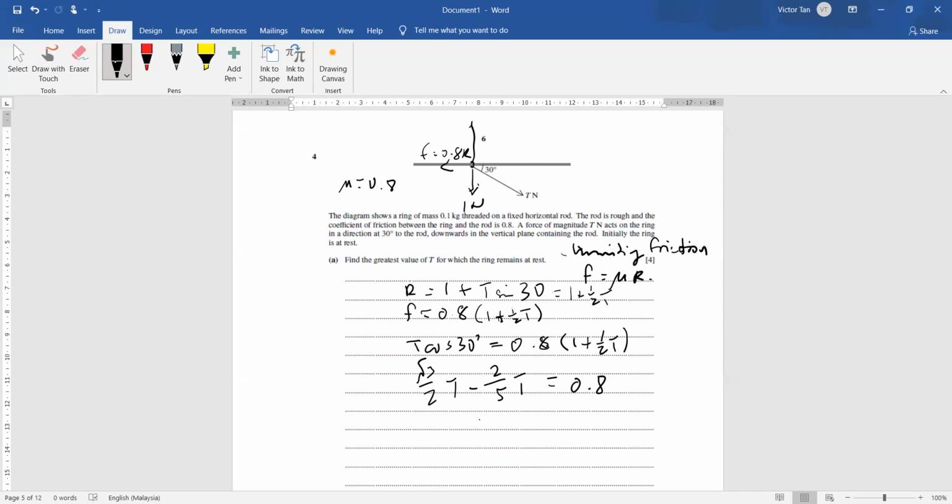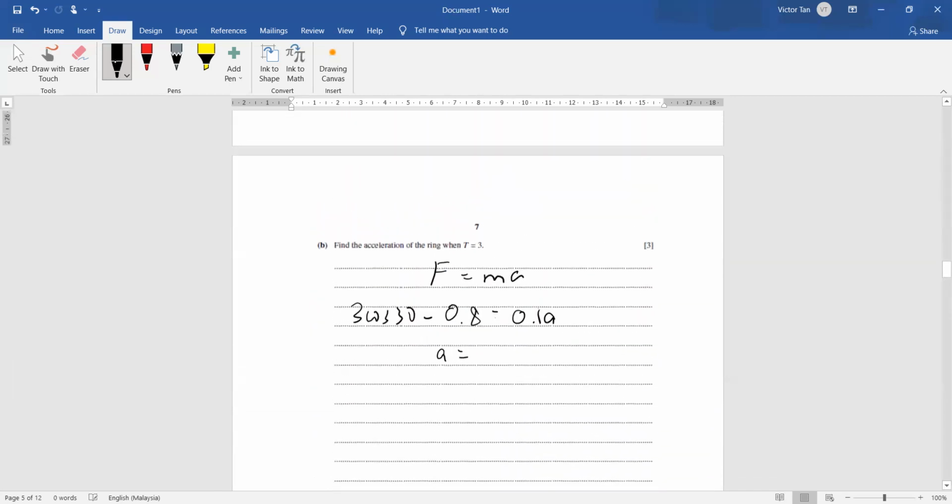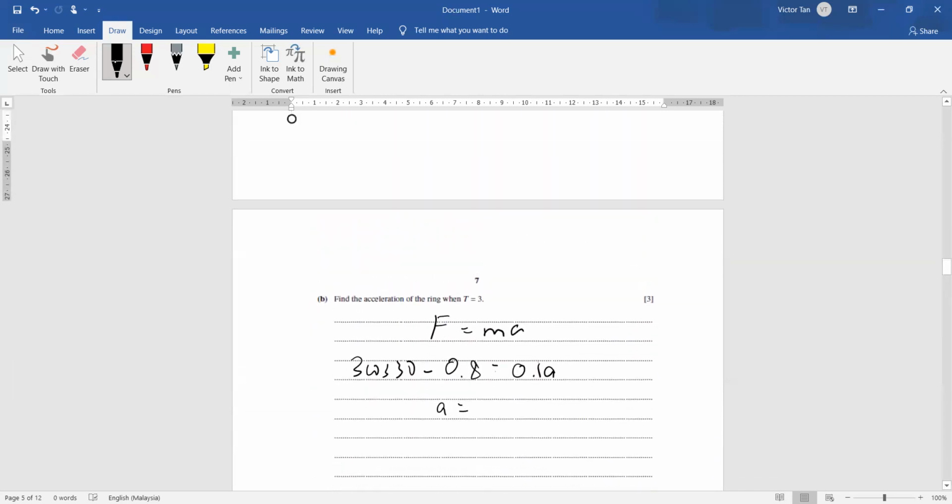1.72. Got this. You've got this. So again, you have to make some adjustment here. Okay.